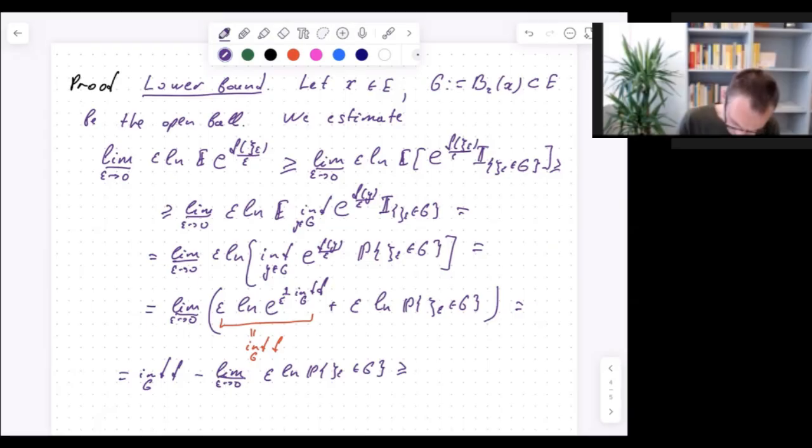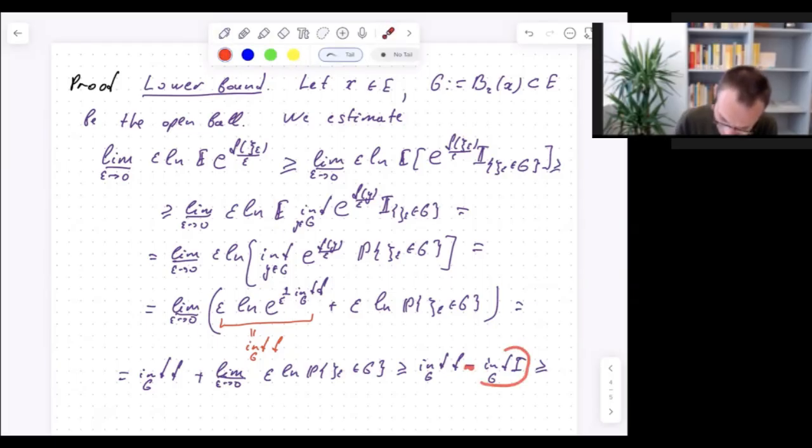Therefore, we know that this limit can be bounded from below by minus the infimum of the rate function over the set g, so it is the infimum over g of the function f minus the infimum of I over the set g.